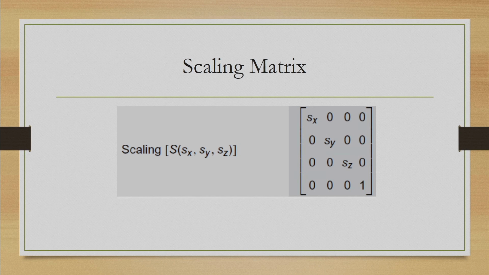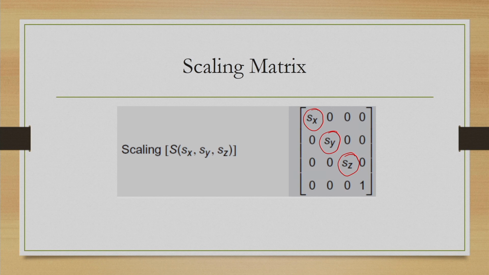Scaling is also similar to the 2D counterpart. Sx is the scaling factor along x direction, Sy is the scaling factor along y direction, Sz is the scaling factor along z direction. So, if we do not want to perform any scaling along a particular direction, we simply set that particular scaling factor as 1.